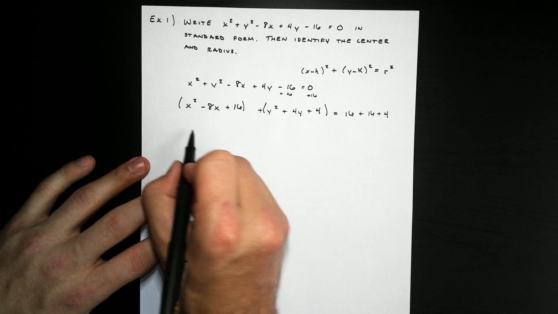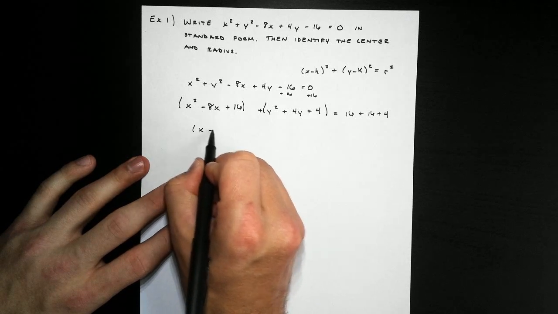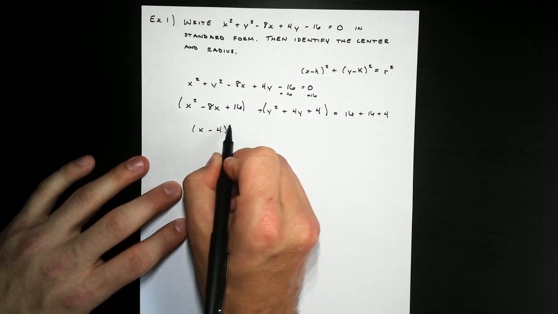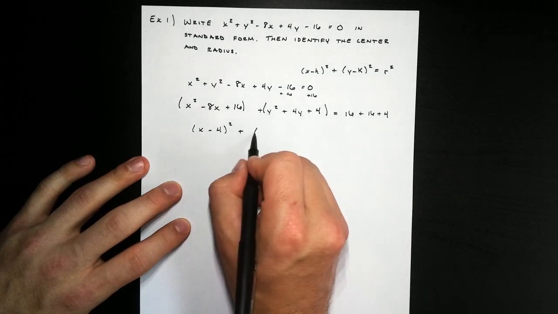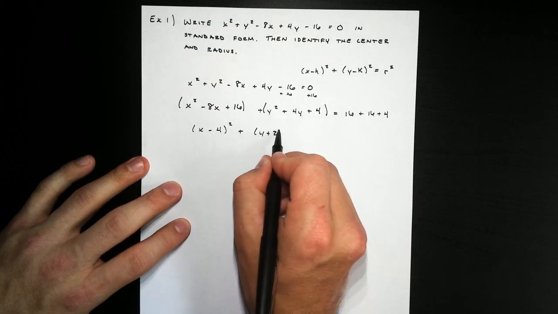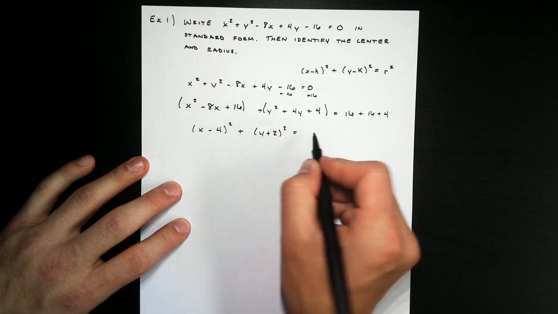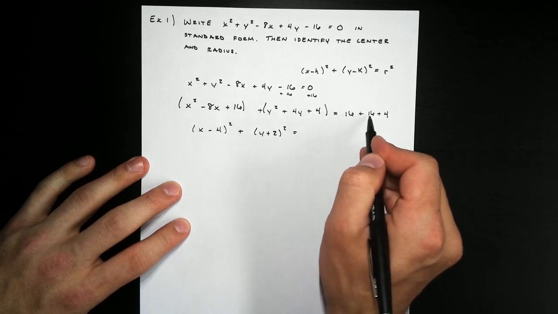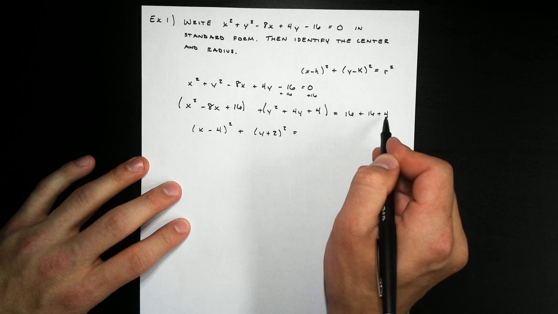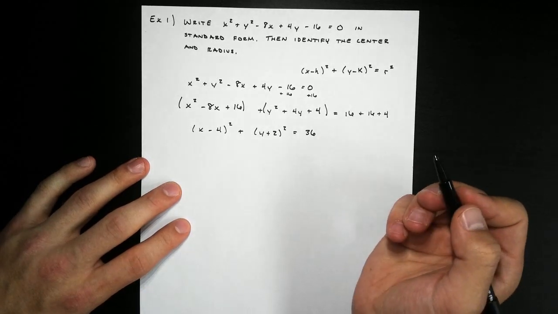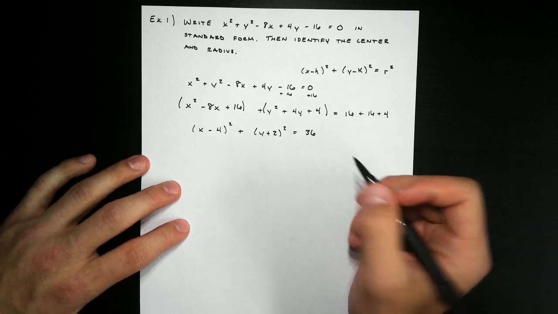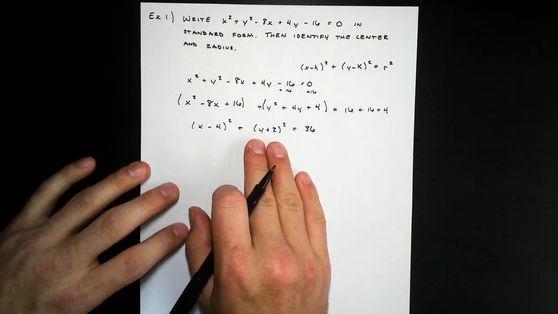These three we can factor into what we already talked about, x minus 4 squared. And then these three we can factor into y plus 2 squared. And then on the right-hand side, 16 plus 16 plus 4 is 36. And now we're in standard form.